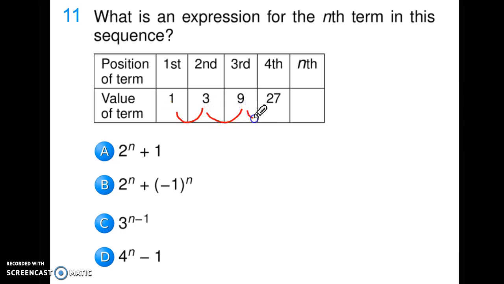Well, it appears that I am multiplying by 3 each time. So that tells me that I am going to have an exponential function, and my rate of change is multiplying by 3, so that gives me C for my answer.